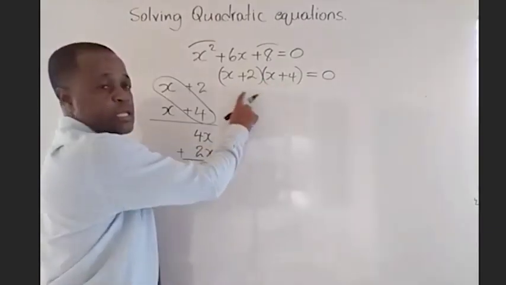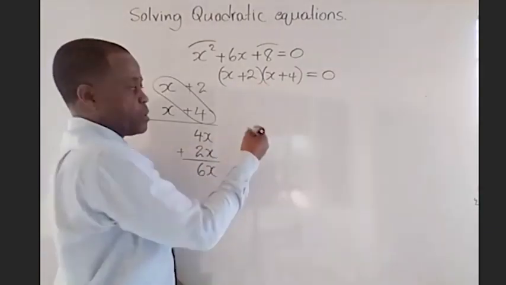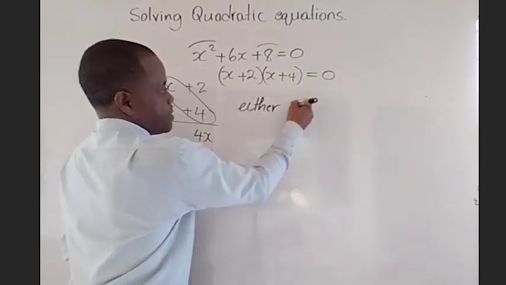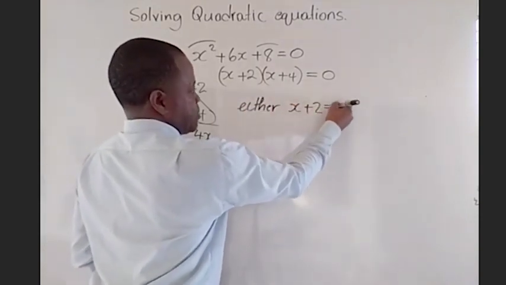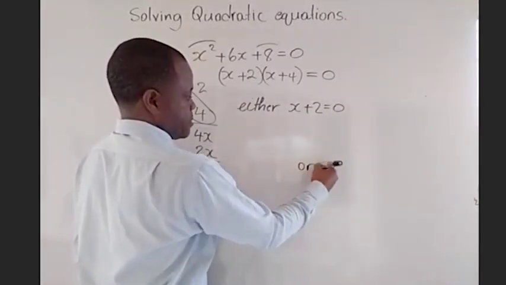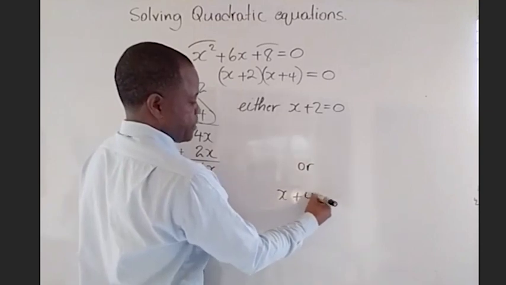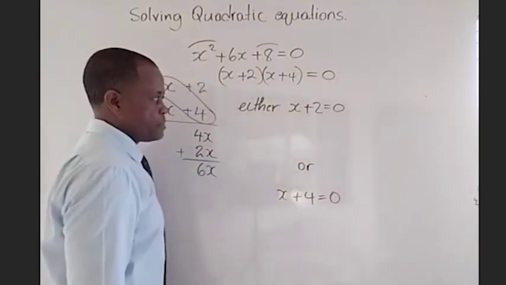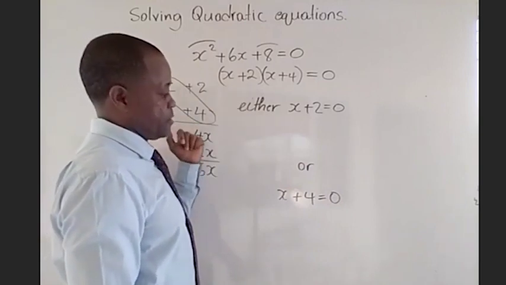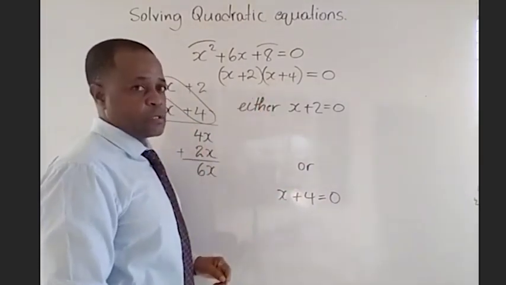So at this stage, all we're going to do is say either x plus 2 is equal to 0 or x plus 4 equals 0. So either this one is equal to 0 or that one is equal to 0.